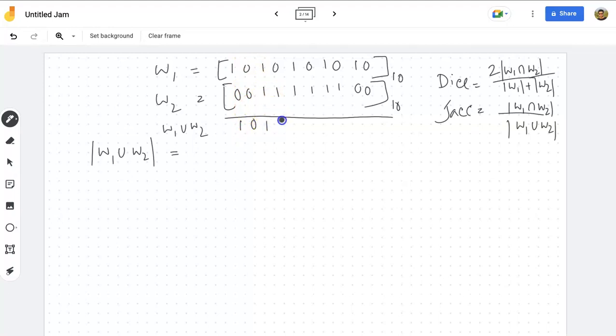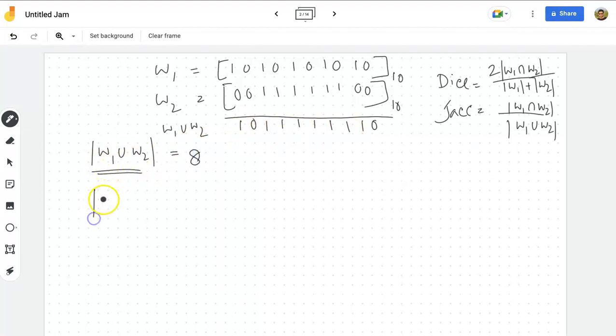This is 1, and again 1, because if any of the values is 1, then the union will be 1. This is 1, this is 1, this is 1, this is 1, but the last is 0. So out of these 10 dimensions, 8 are 1. So the union will be 8.